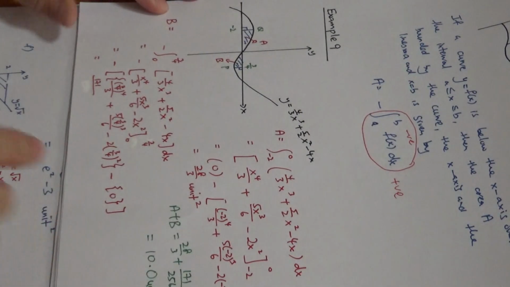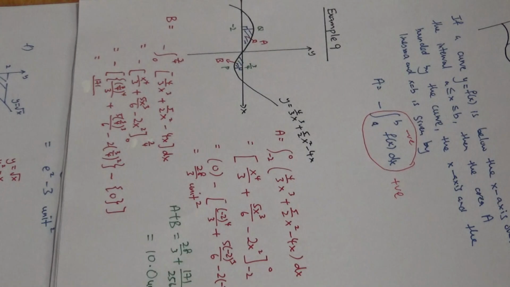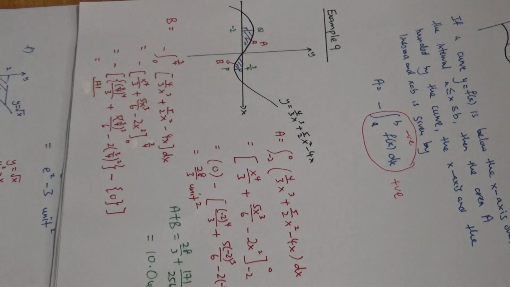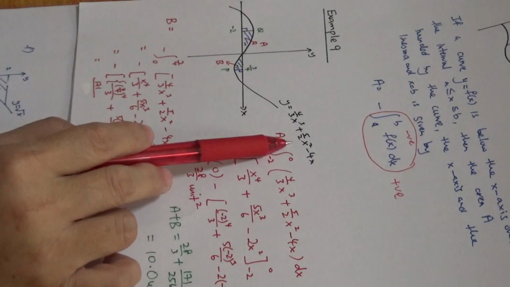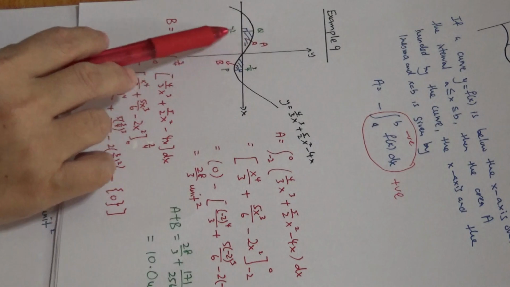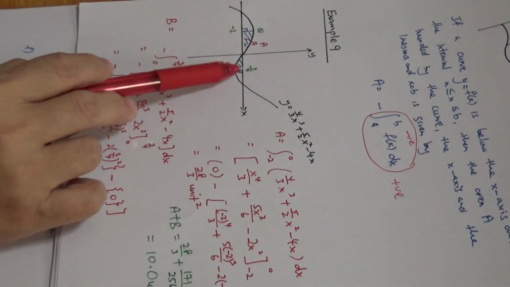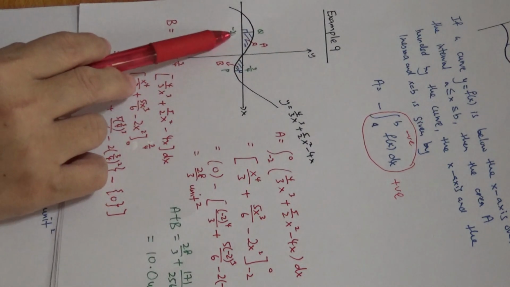Now let's take a look at example 9. Example 9 says that the diagram shows part of the curve with this particular equation. The x-coordinate of the point P is 3/4, so I put 3/4 here, and the x-coordinate of point Q is -2.